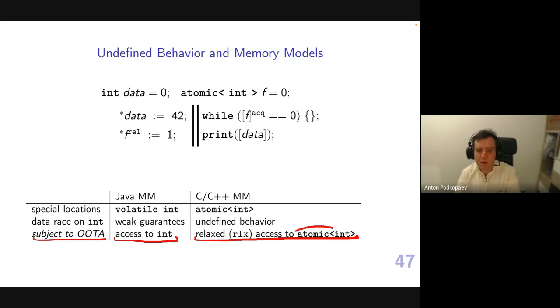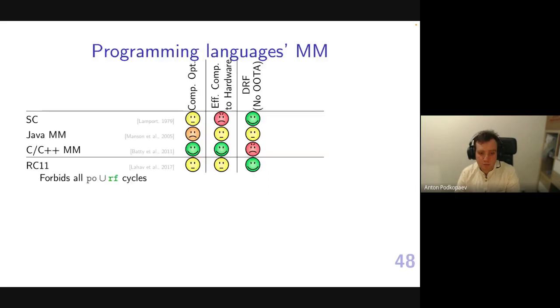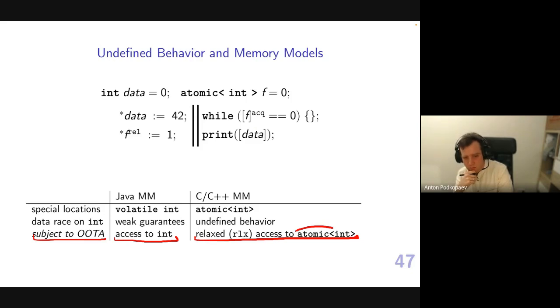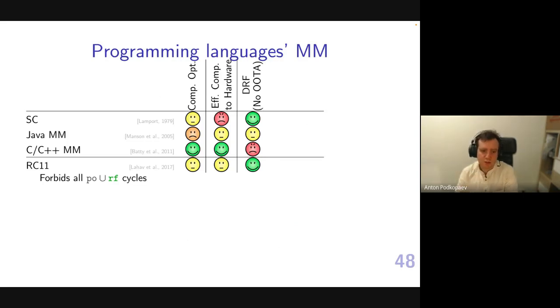So in the C++ memory model, it's enough to forbid reordering of reads and writes which are atomic ones, to forbid PORF cycles. Whereas in Java, you would have to do it for all accesses. So this is why the solution RC provided by the RC11 memory model is more efficient for the C++ setting.